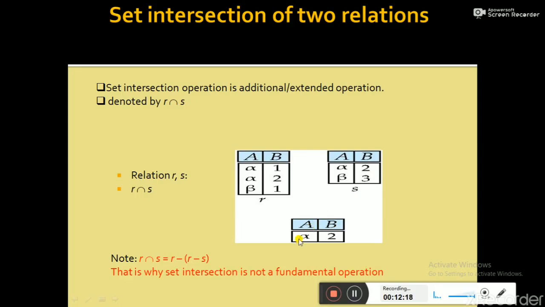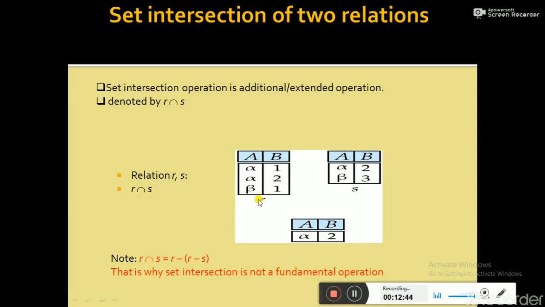And as far as the data is concerned, the set intersection operation retains the tuples or the information which appear in both relations, both in R as well as S. So let's check. Alpha 1 is present in R and alpha 1 is not present in S. So alpha 1 is not going to be in the resultant relation. Now let's check whether alpha 2 is going to be present here or not.